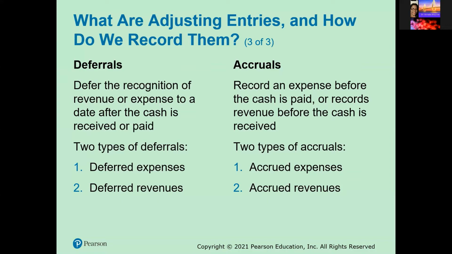Deferrals defer the recognition of revenue or expense to a date after the cash is received or paid. Accrual adjustments are the opposite. An accrual records an expense before the cash is paid, or it records the revenue before the cash is received.